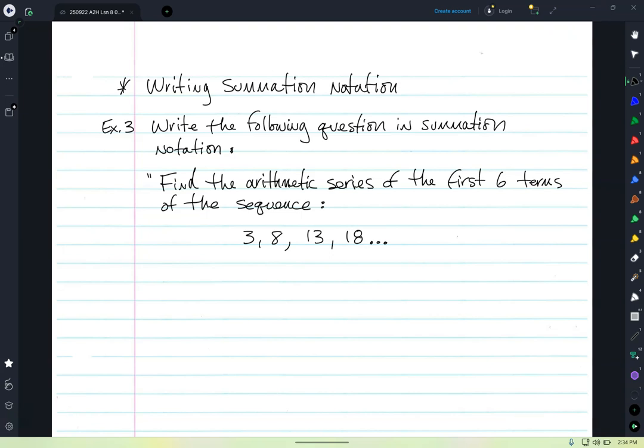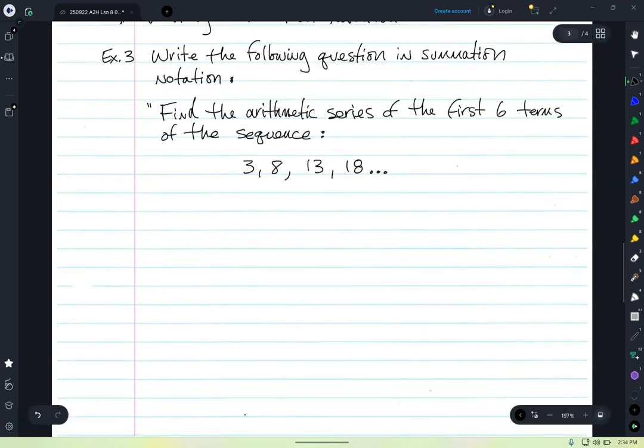Wait, hang on. I didn't ask you to find the arithmetic series. I asked you to write the question. I want you to translate my question that I asked you right there into math language. That's what I'm asking you to do. I'm not asking you to find the sum of the first 6 terms. I'm asking you to rewrite the question in summation notation.